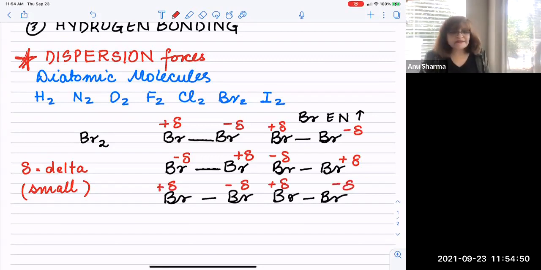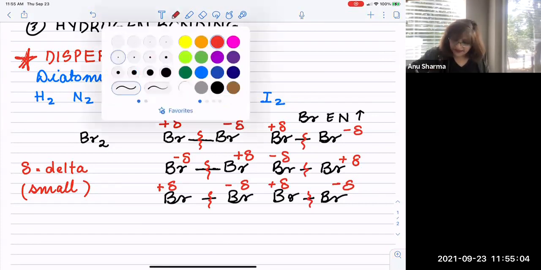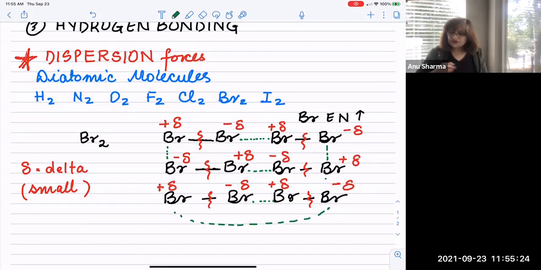But what happens is that when this charge develops, the bond breaks. This bond breaks whenever the charge develops. And now the bromine forms another bond, and that new bond is with this one. So these two will form a bond, and this one and this one will form bonds like that.